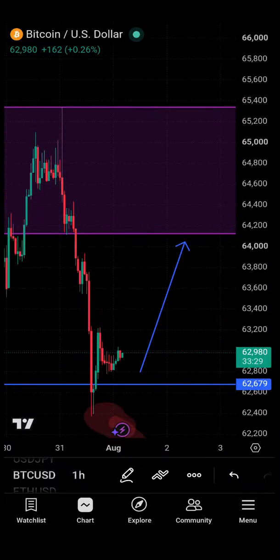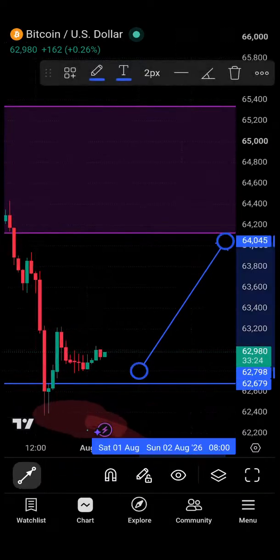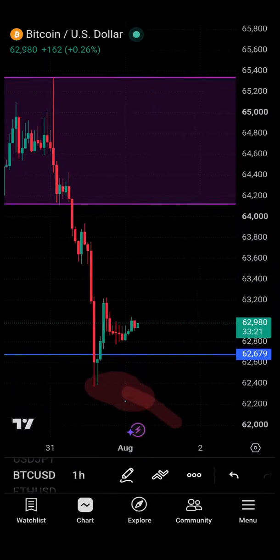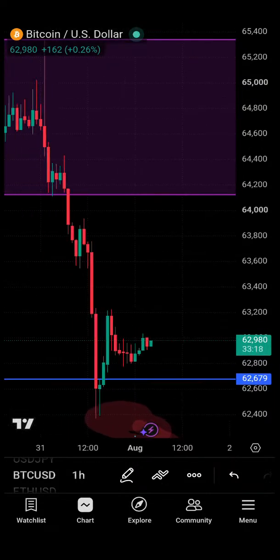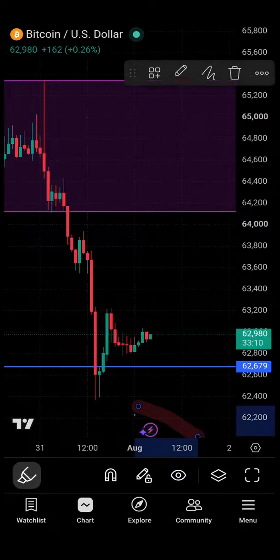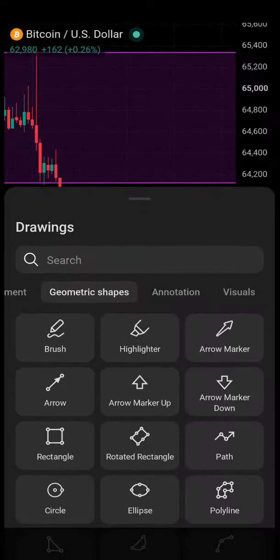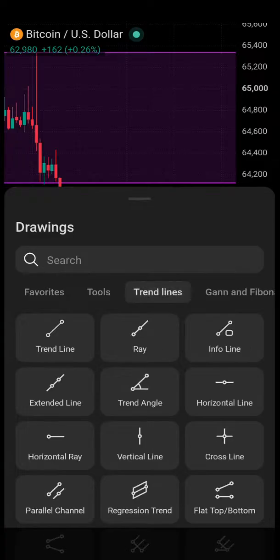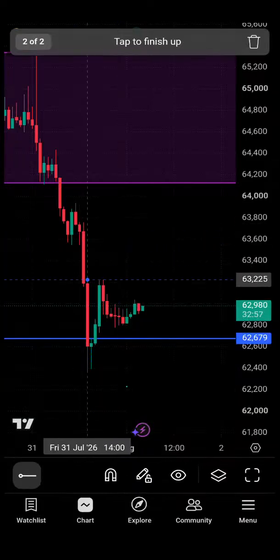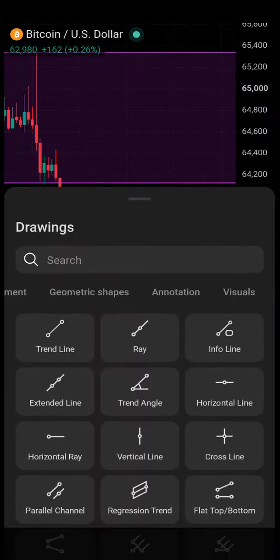What is the 1-hour time frame showing us? Currently, on the 1-hour time frame, there's nothing much that we can tell, but what I want to see before I take a buy is that the market breaks this high.